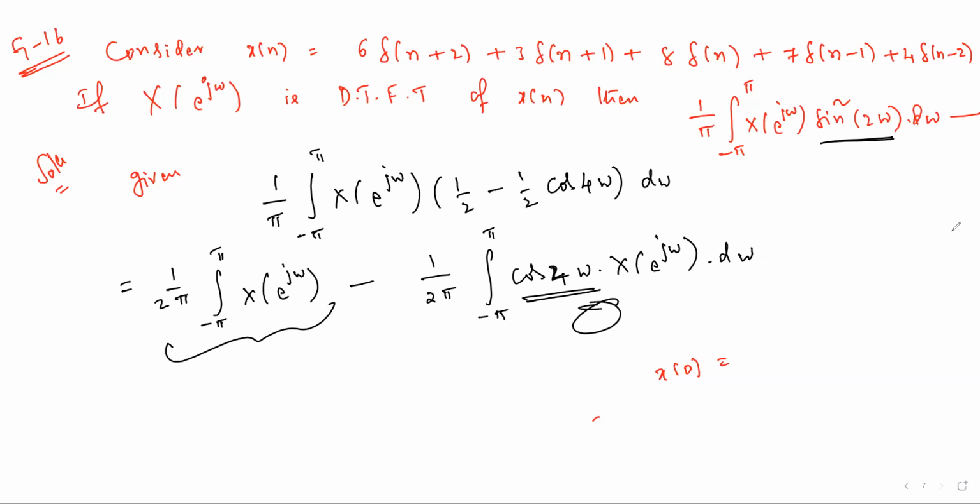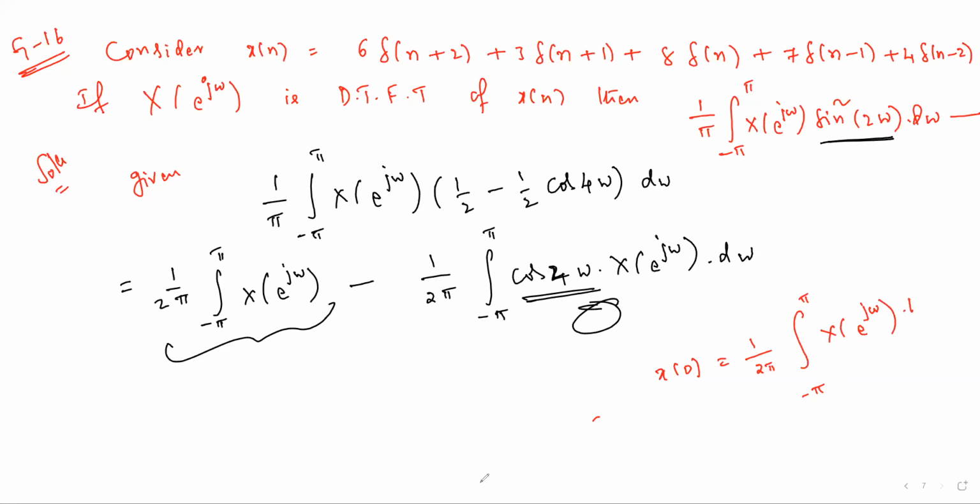Actually, here e to the power of j omega n is there. Since n value is 0, we can take it as 1.